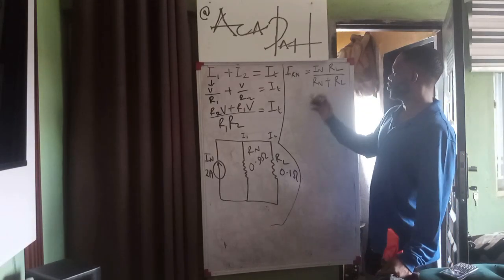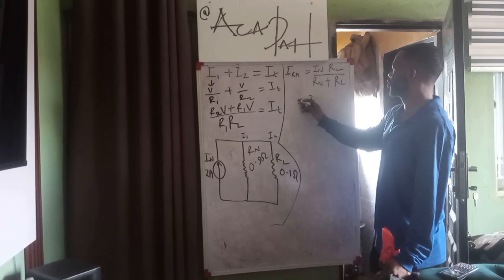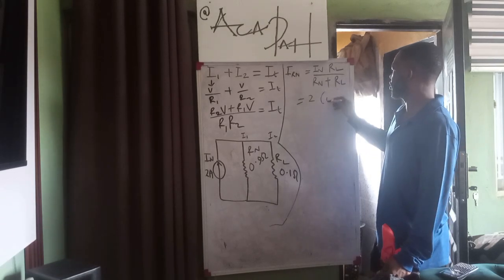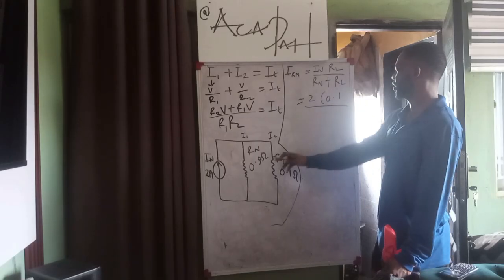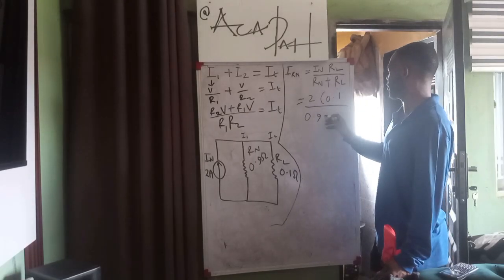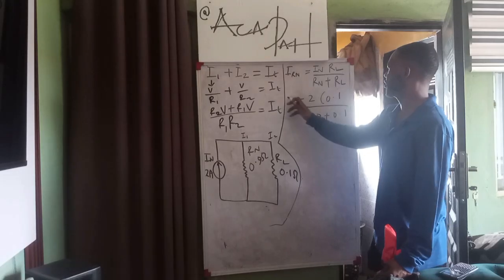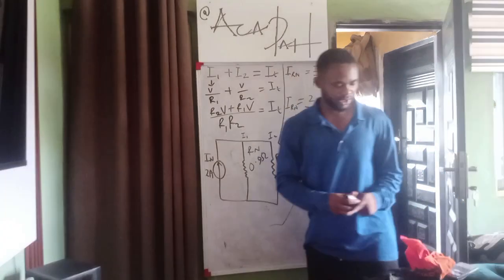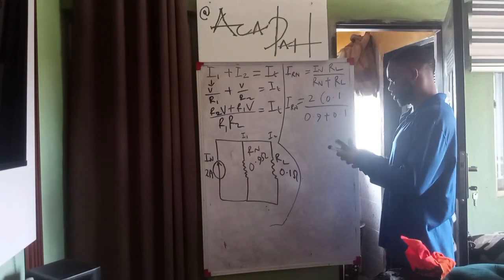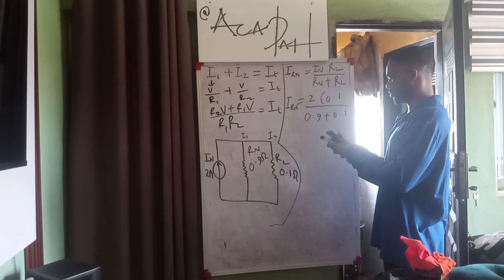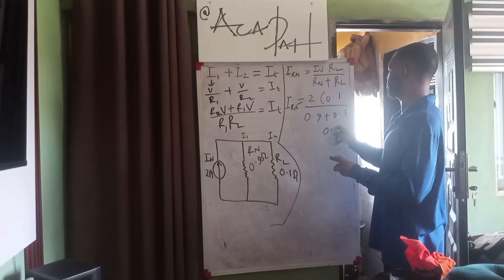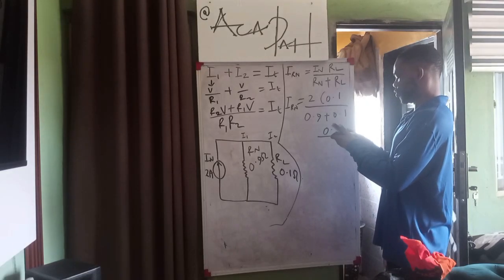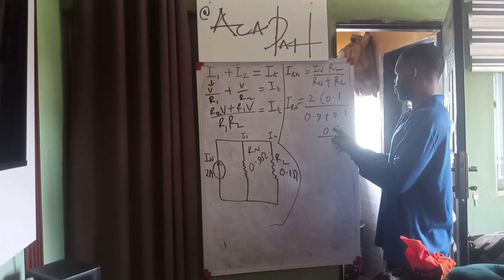So it will be the same thing as saying 2 times the opposite, RL, which is 0.1, all over 0.9 plus 0.1. So the current in Rn, that is here, will simply be 2 times 0.1, that is 0.2, all over 0.9 plus 0.1, which is 1.